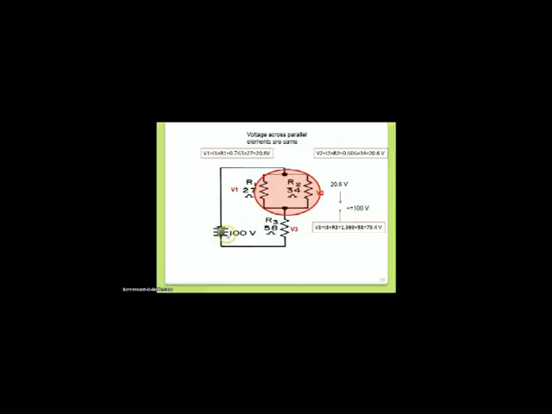The total supply voltage gets divided into the voltage for the parallel combination as a whole and the voltage drop across the third resistance. Okay, so with the help of this example, I hope your idea about series connection, parallel connection, and series and parallel combination is clear now. We will solve more examples in the class. Thank you.